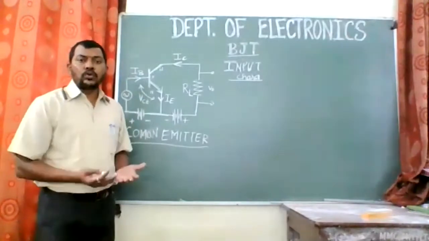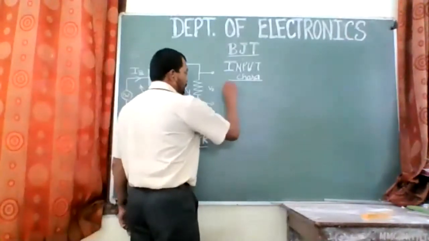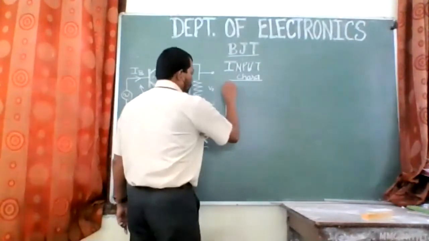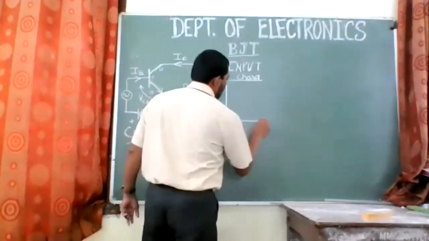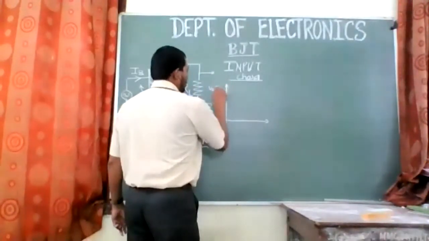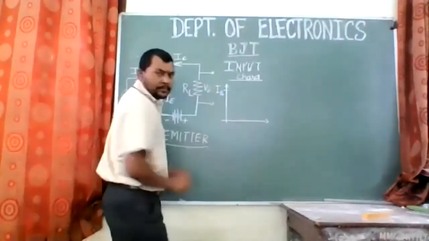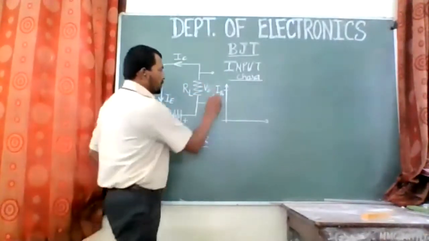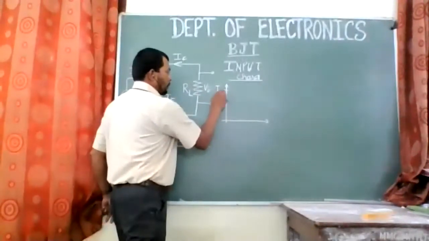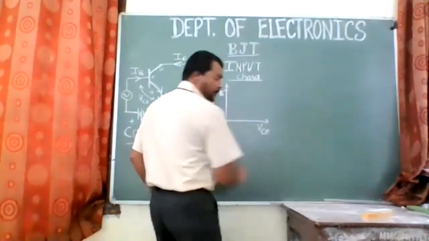Now we try to draw the graph of that. The input characteristics is the curve which can be drawn between two things. The first is IB, that is the base current, and on the x-axis we are taking VCE.